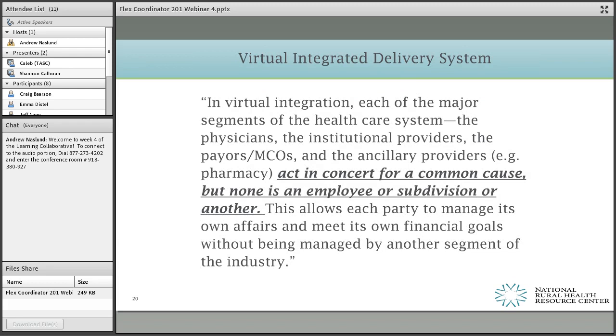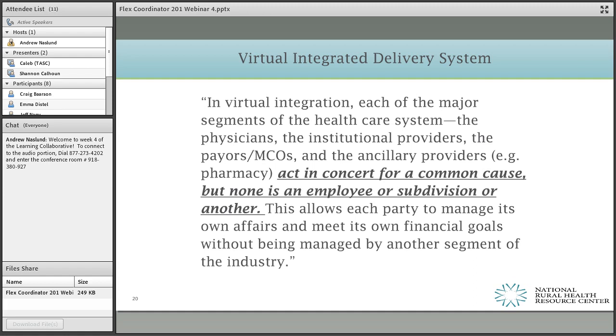The same holds true for virtually integrated delivery systems. I shared this, I believe, in week 1, maybe in week 2, but this comes from a book called The Managed Care Handbook by Peter Kongsfeld in 1997, really talking about a model or a way in which they can see transformation. I see rural participation in clinically integrated networks as virtually integrated delivery systems because they don't necessarily work in the same town.